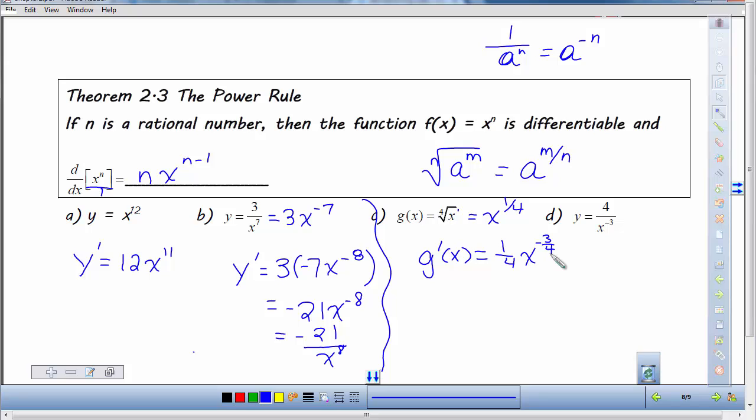Okay. And just depending on what the directions are, we might leave it like that, or we might write it with a positive exponent, or we could even put it back in as a radical if we needed to.